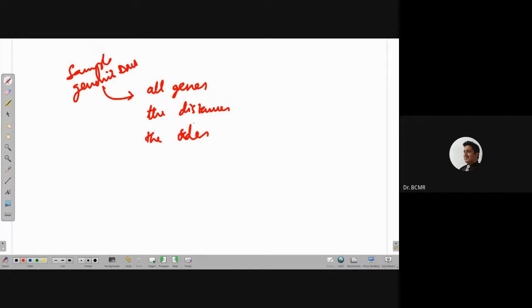Why do we construct a genomic library? To characterize the genomic DNA. What do we mean by characterize? We should be able to find out what genes and genetic elements are present in it. Second is the order of the genes: which gene comes after which gene, the sequence of genes.